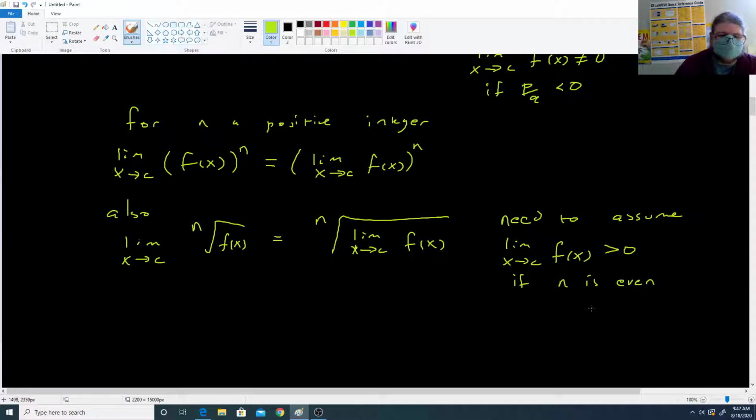Because you can't take an even root of a negative number, so we need to make sure that we're only talking about roots that make sense. Like the square root of -7 goes imaginary, that's not good, or the fourth root of -8. So for this rule to apply all the time, we need to make sure that we're only talking about nth roots of things that make sense and don't have weird stuff like going into the imaginary system.